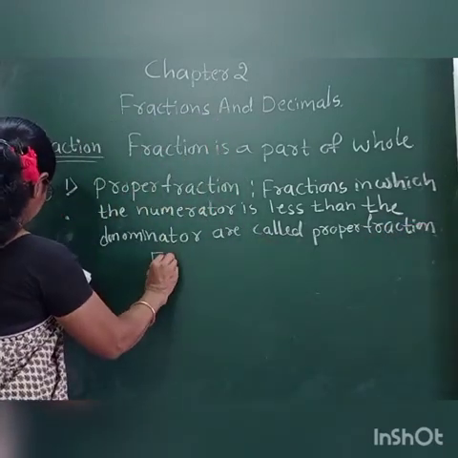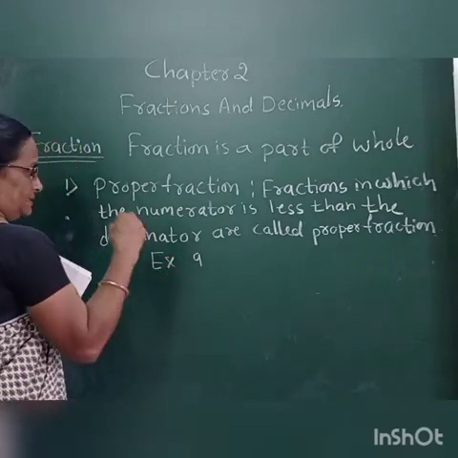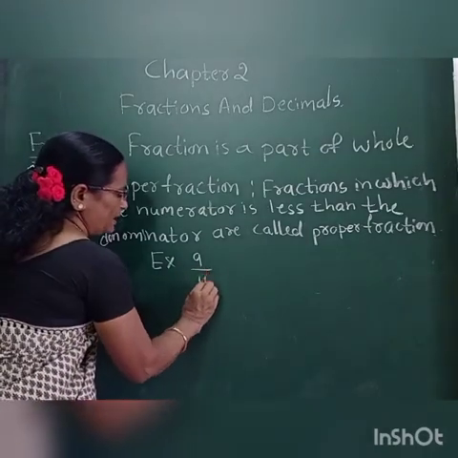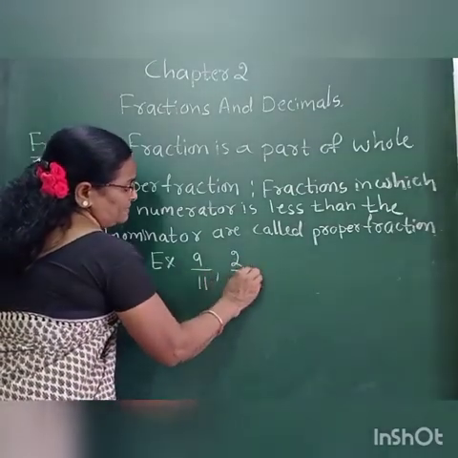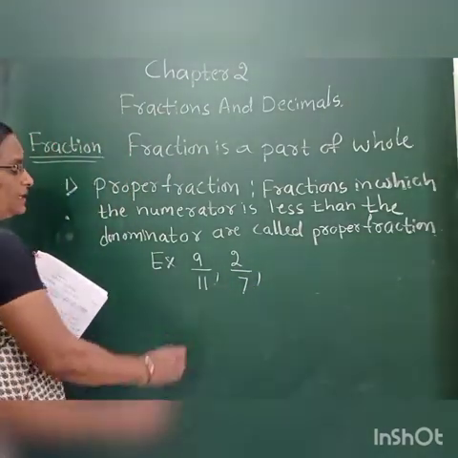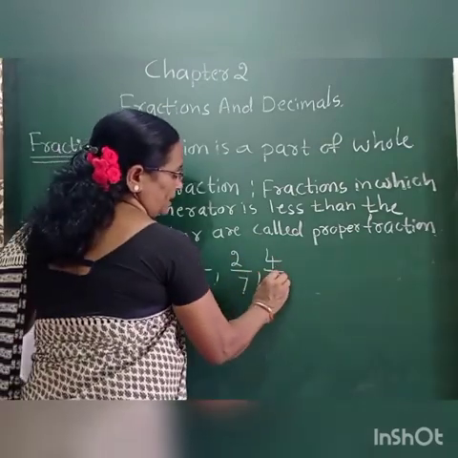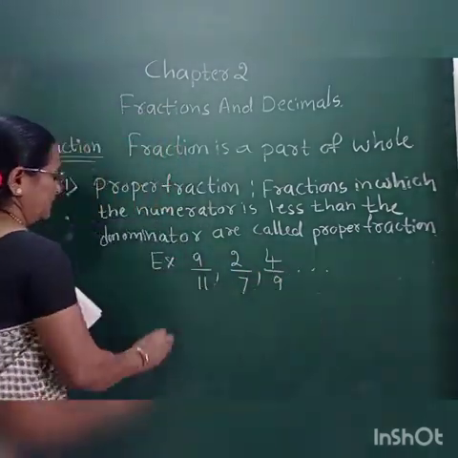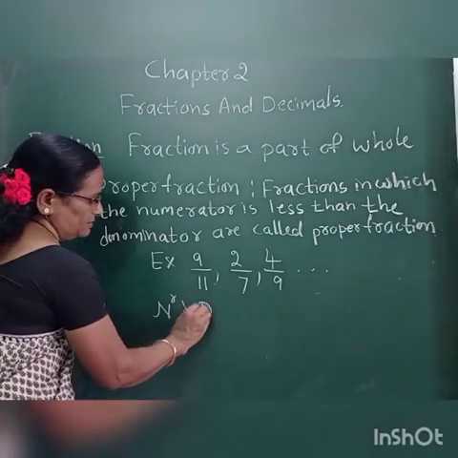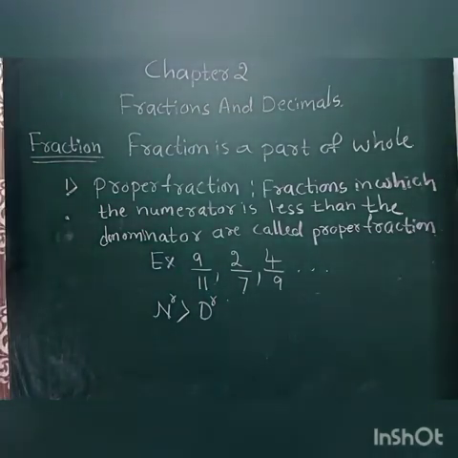Example, numerator is less than the denominator. Here, 9 by 11. Any fraction you can take, 9 by 11, 2 by 7, 4 by 9, like this.